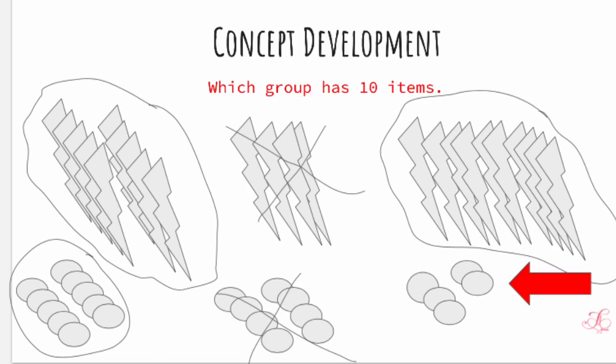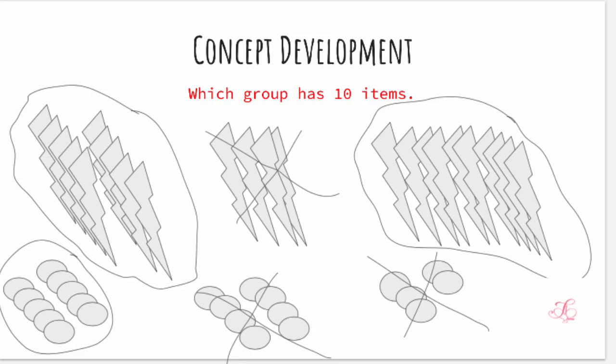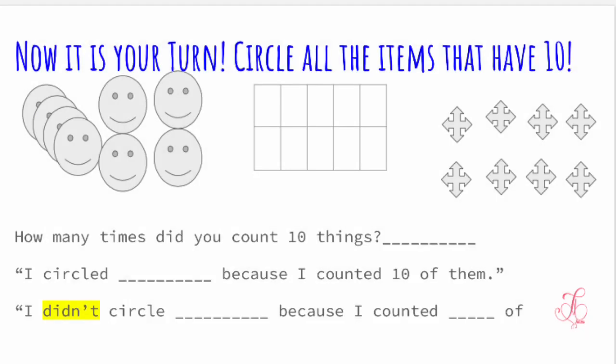No, it is not 10. We have circled all of our 10 ones. We have 1, 2, 3, 3 groups of 10 ones. All right. Okay, now it's your turn.